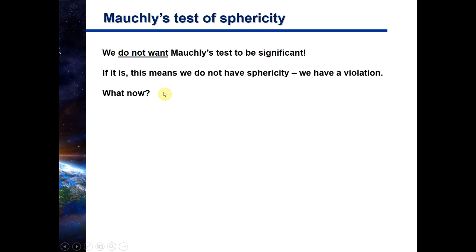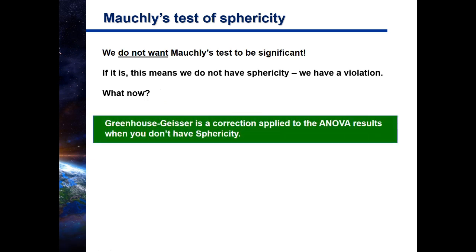And this is where SPSS is nice because it actually gives us that correction. It's called Greenhouse Geisser, or GG for short. So GG is a correction that's applied to the ANOVA results when you don't have sphericity.